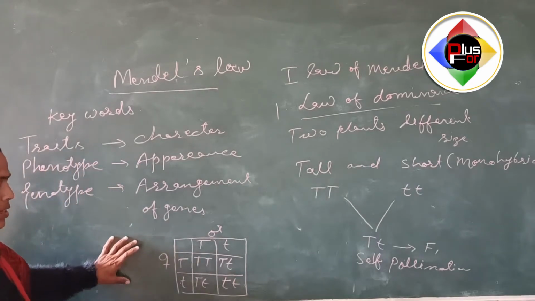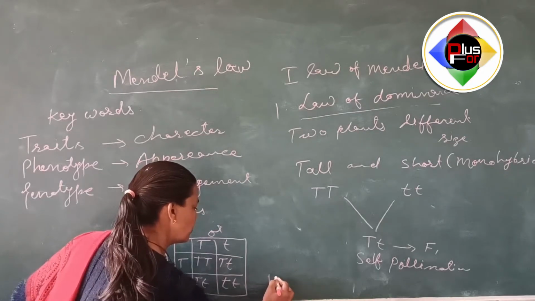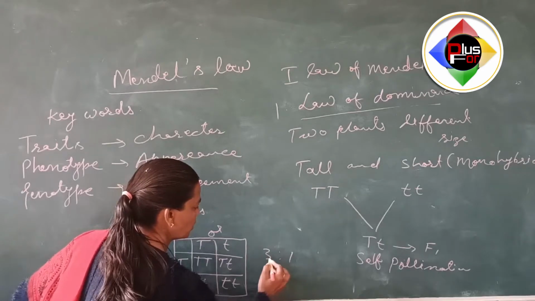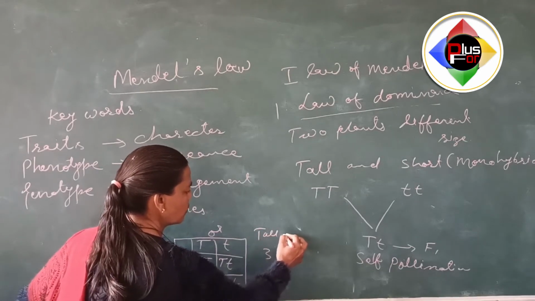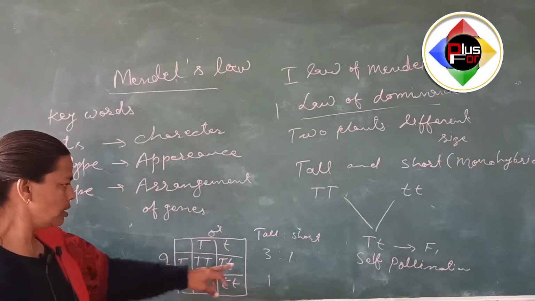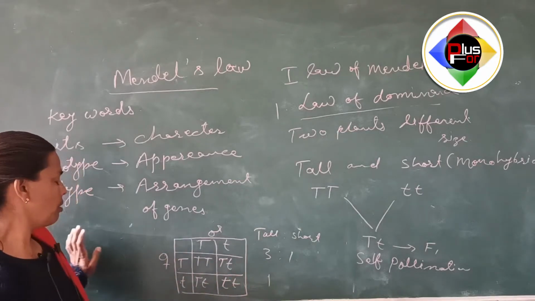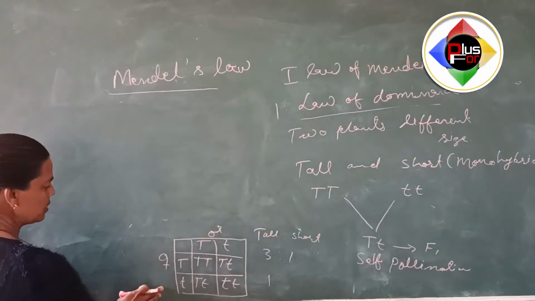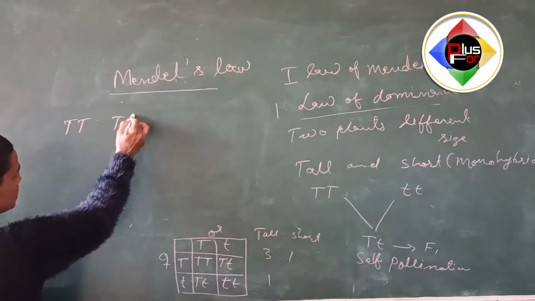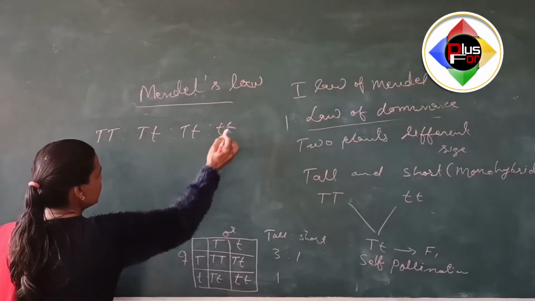In this table we can see the ratio 3:1. Three plants are tall and one plant is short. 3:1 is the phenotype structure of the plant.